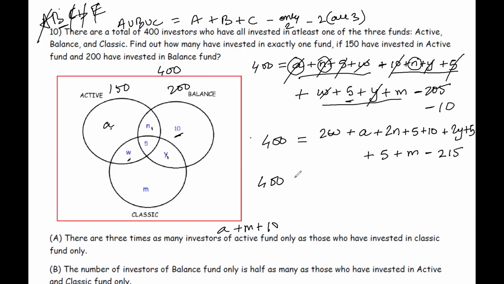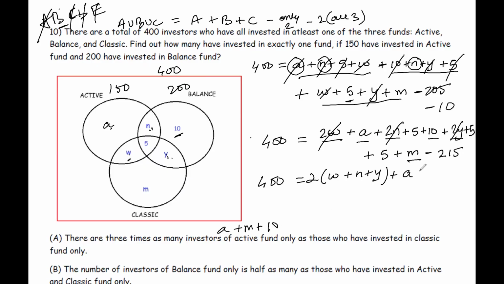So 400 is equal to 2 times W, 2 times N, 2 times Y, and we know what W, N, and Y are. So 2 times W plus N plus Y. And then we have plus A, 10, and M, which we are going to keep separate.